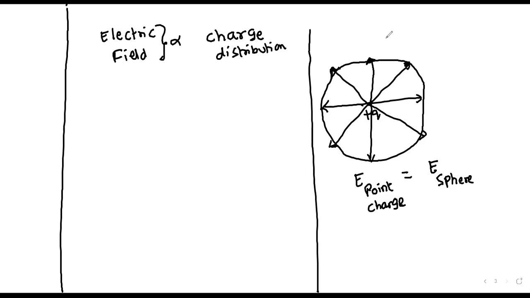This charge distribution will be of two types. One is continuous and another one is discrete or non-continuous.